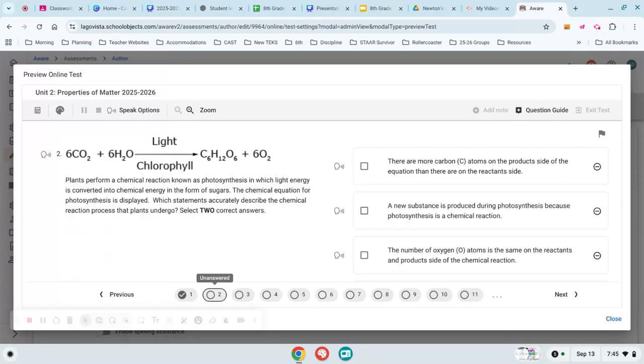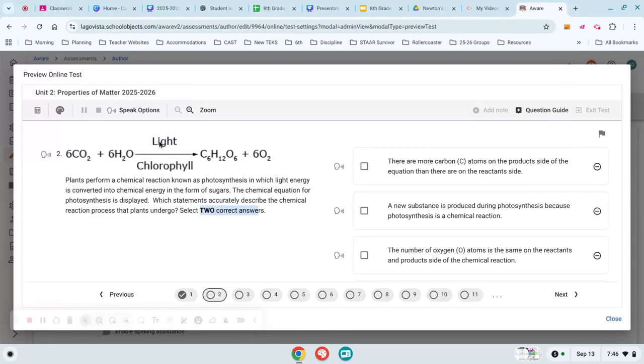Plants perform a chemical reaction known as photosynthesis, in which light energy is converted into chemical energy in the form of sugars. The chemical equation for photosynthesis is displayed. Which statements accurately describe the chemical reaction process that plants undergo? Select 2 correct answers.